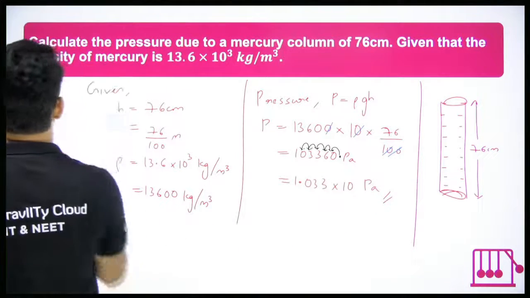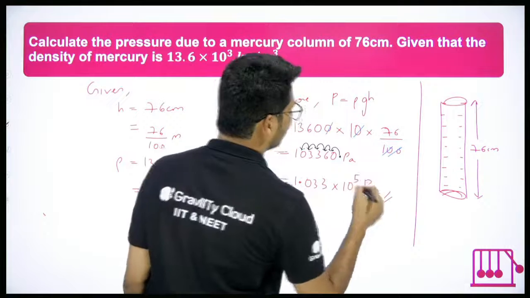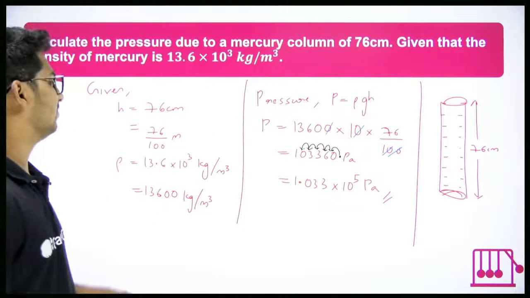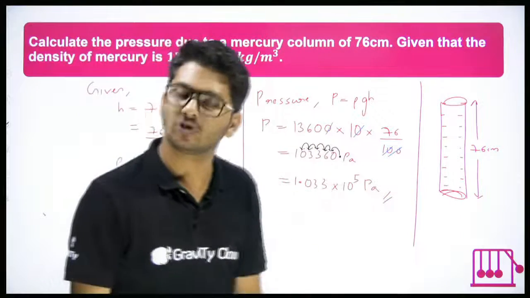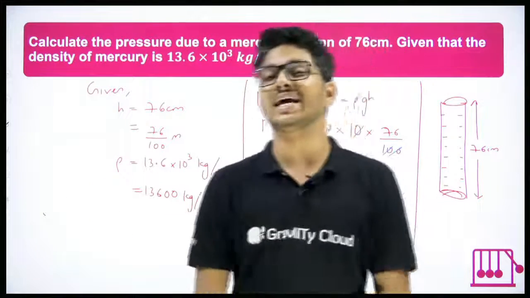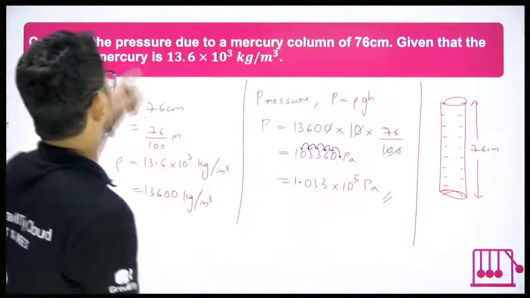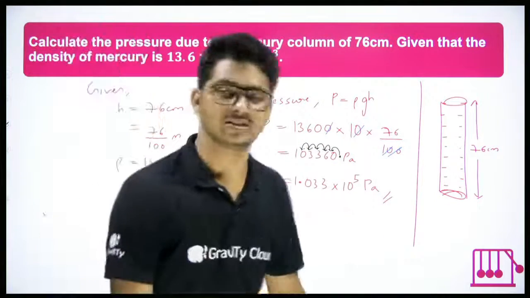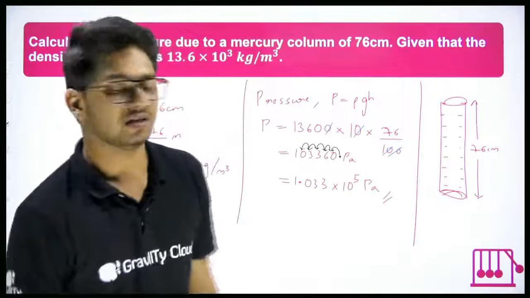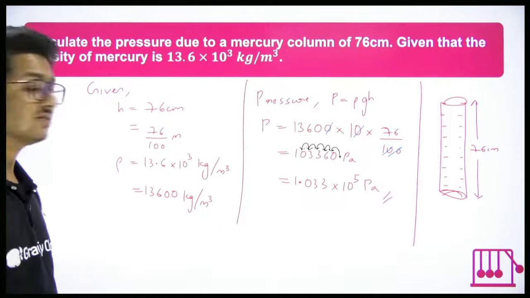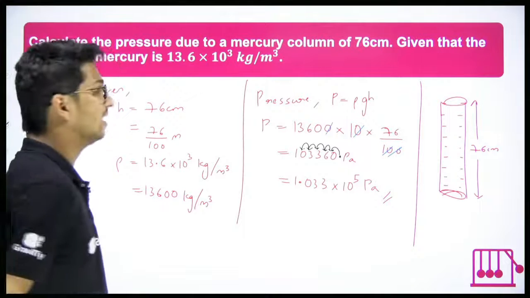And hence, the answer is about 10 power 5 Pascal. Clear? So, it's very simple. I use the formula P is equal to rho g h. We are not considering atmospheric pressure here because it is clearly mentioned that we just need the pressure due to a mercury column of 76 centimeter. So, we are not including the atmospheric pressure. Got it? That is the answer. Okay?